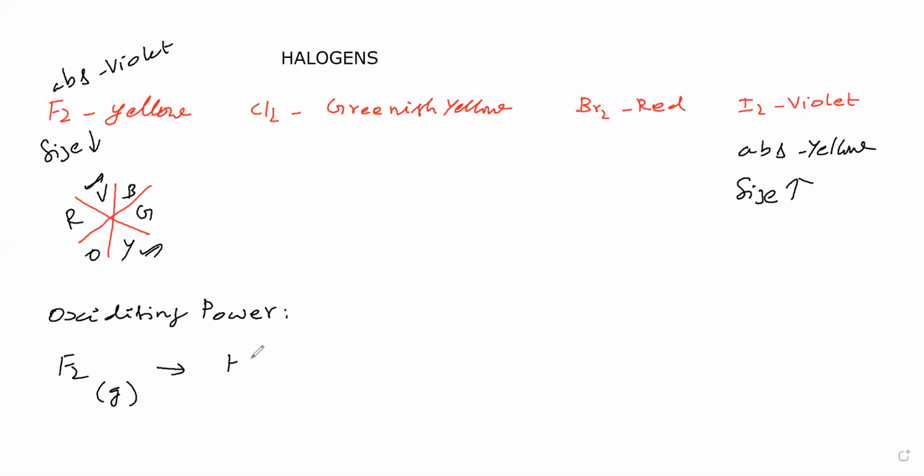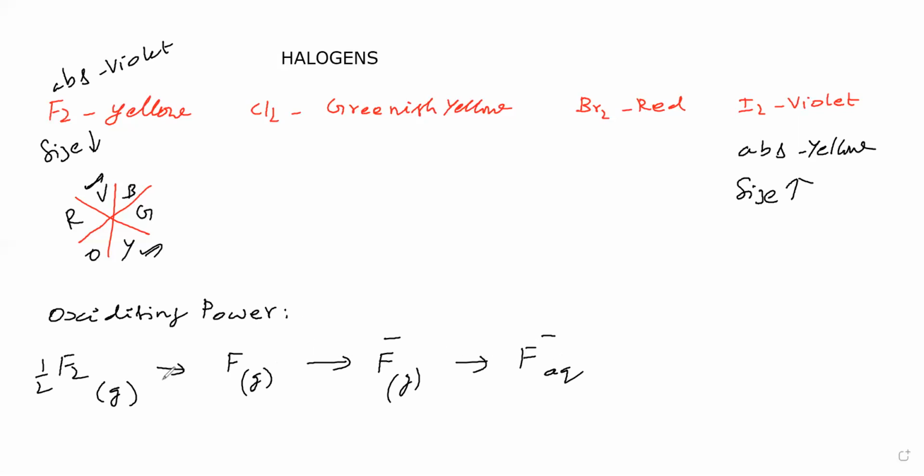We have to convert this into atoms. Then it has to act as an oxidizing agent. Oxidizing agent means it undergoes reduction, so it gains an electron and becomes F minus. Then it goes for hydration. These are the steps involved.